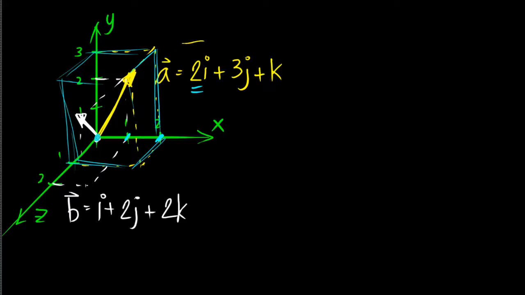From the origin to the opposite edge of your box, place an arrowhead. And now you have a 3D vector.